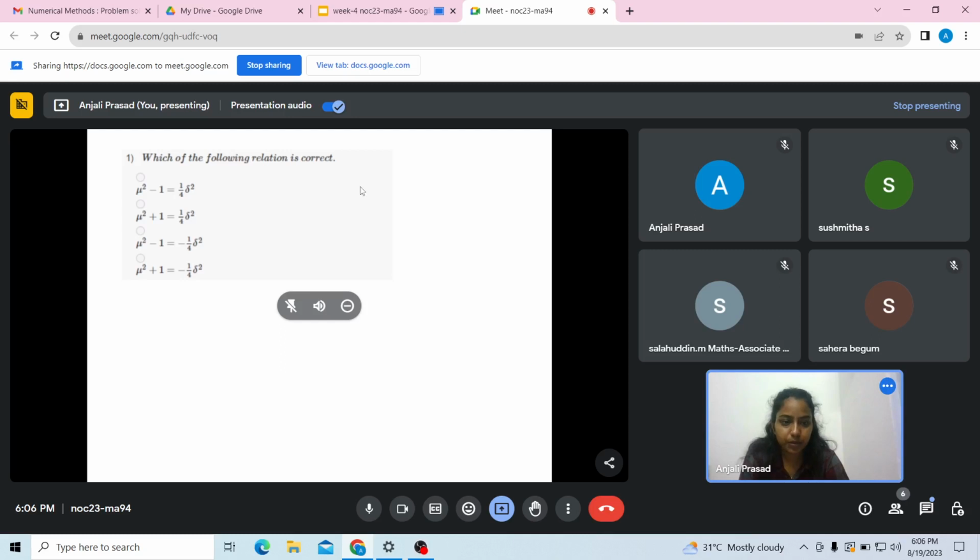You have to expand this average difference operator and central difference operator in terms of shift operator. Try.